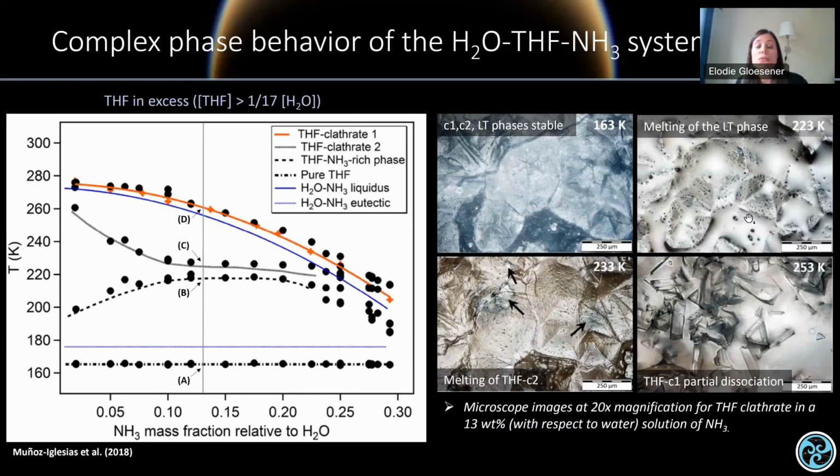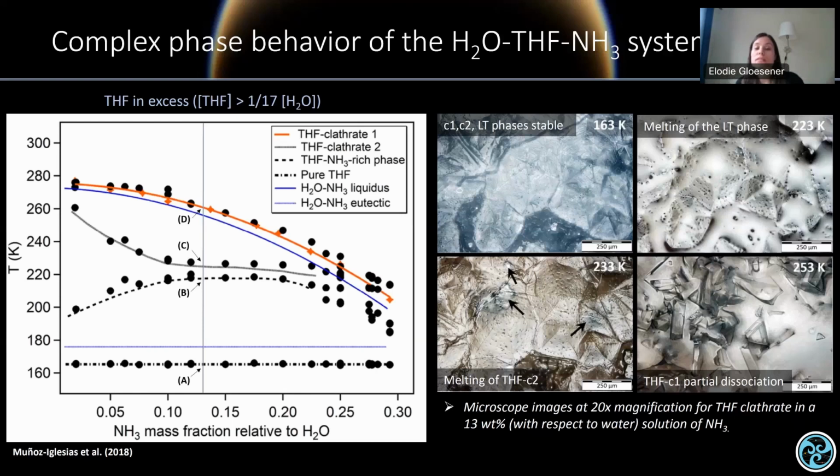And you can see here at 223 Kelvin that it releases a liquid that is assumed to be THF ammonia rich. So when you continue to increase the temperature in the system, the next phase that is going to melt is the THF C2. And you can see there at 233 Kelvin that they are melting here just under a layer of THF C1.